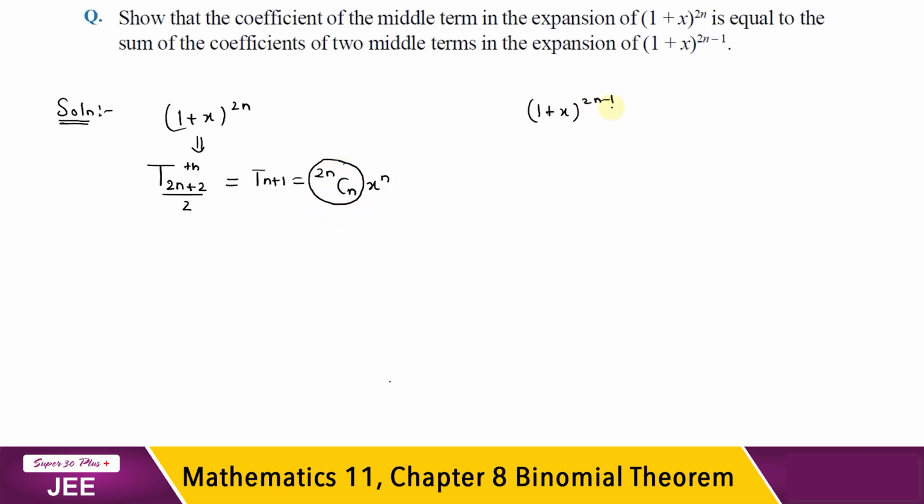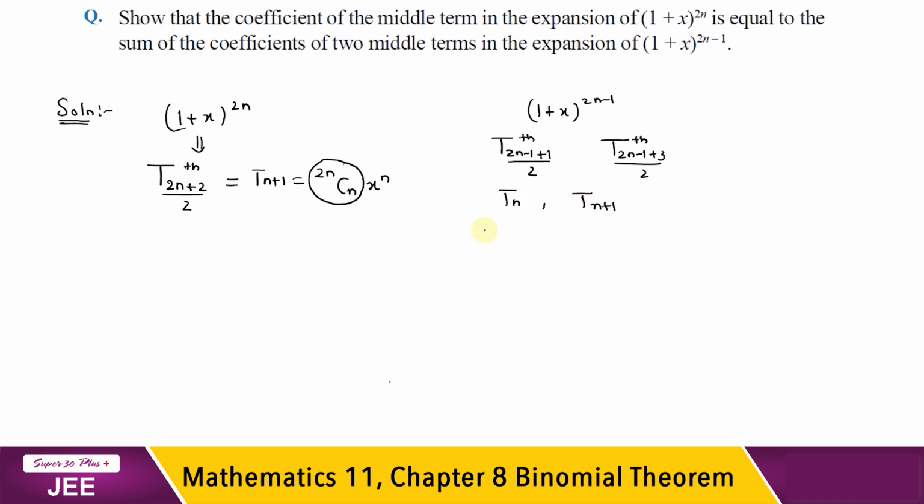Now over here the exponent is odd. So we are going to get two middle terms, and those two middle terms are T of (2n minus 1 plus 1) by 2 and T of (2n minus 1 plus 3) by 2. So this becomes Tn and this becomes T(n plus 1).